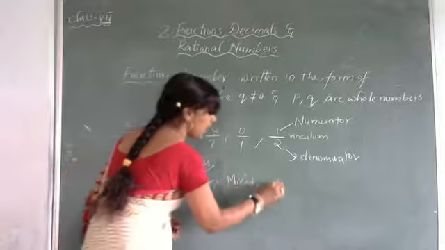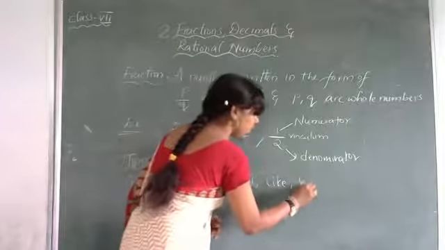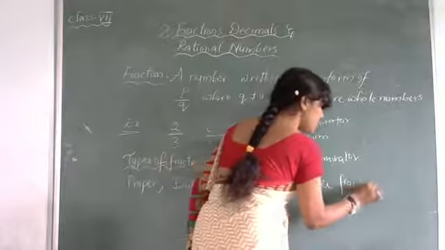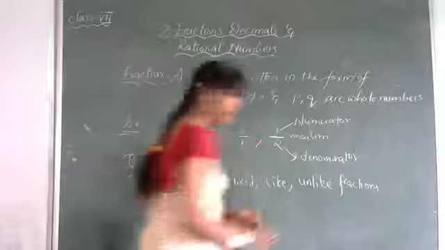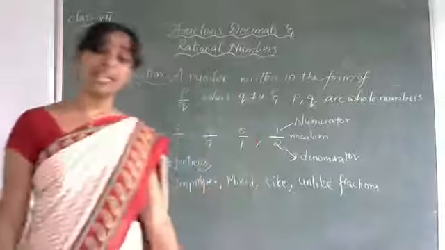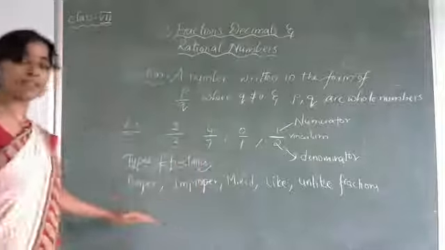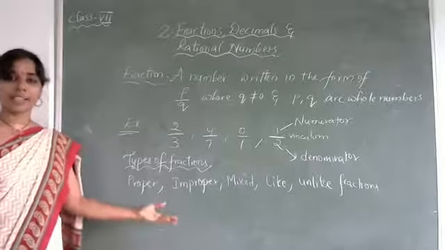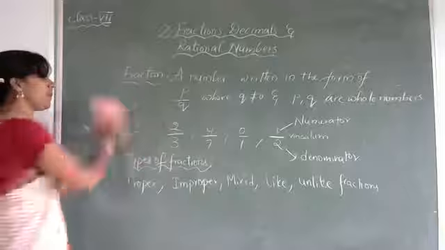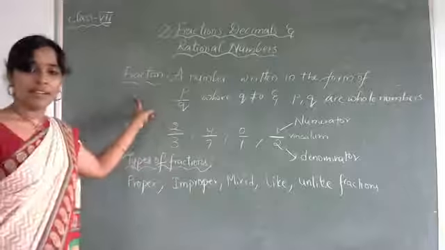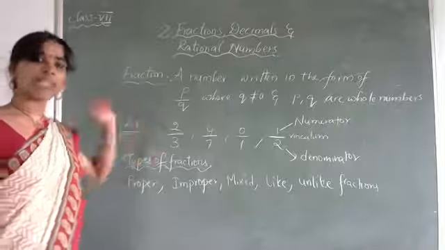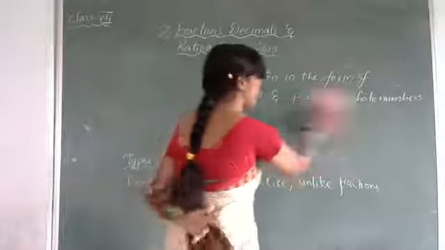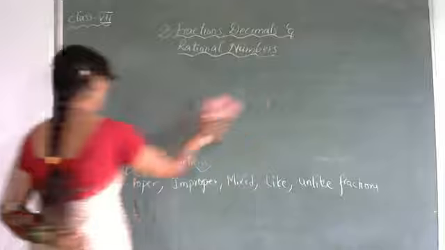Next, like fractions, unlike fractions, and as an extension, equivalent fractions also. These are the types of fractions we learned in 6th class, children. Let me revise these types of fractions also. So note this definition of fraction and examples, children. Now we are going to discuss the proper fraction.